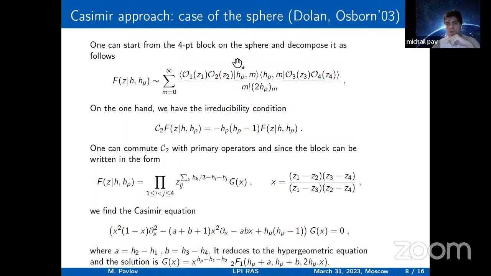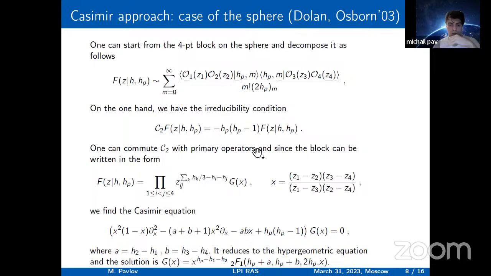Okay. So here the left hand side stands for this conformal block with the Casimir operator inserted. So Casimir operator is right here, and we can commute this Casimir operator with our primary operators in order to obtain some non-trivial equation.